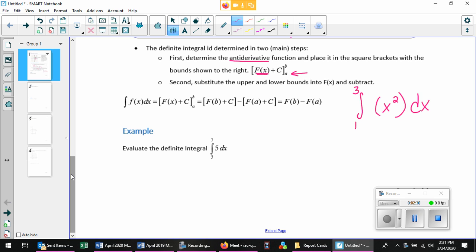Step 1 would be to antiderive x squared. The antiderivative of that is x cubed over 3 plus c. You guys agree with me?